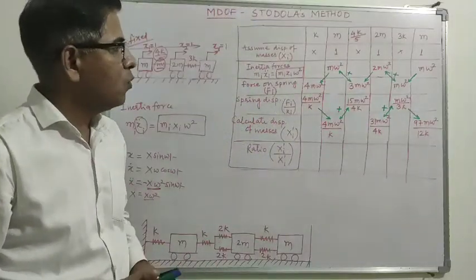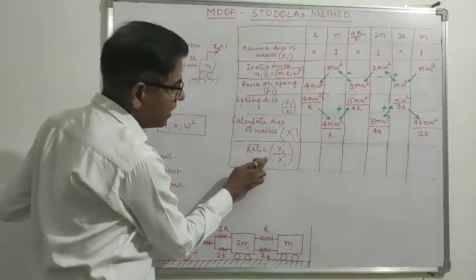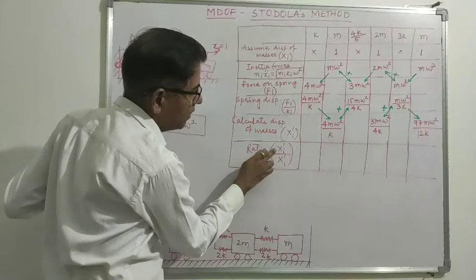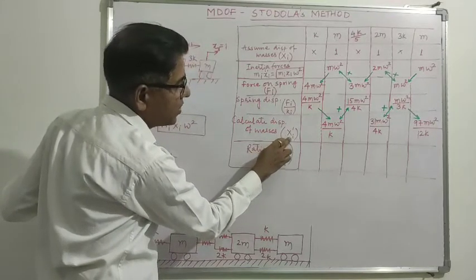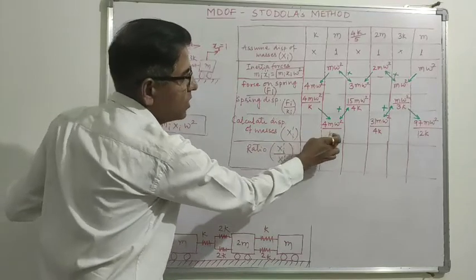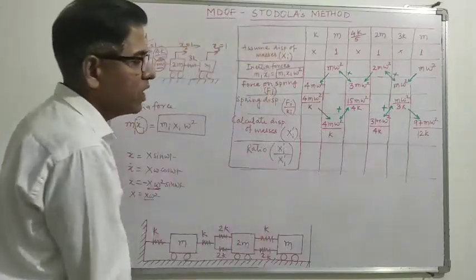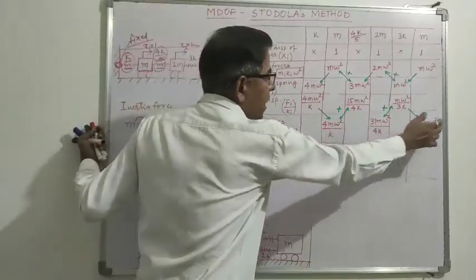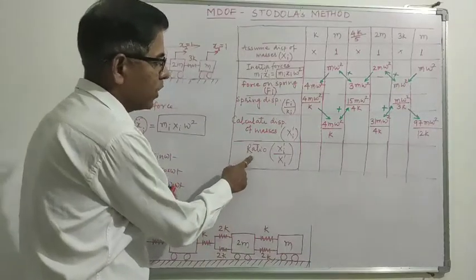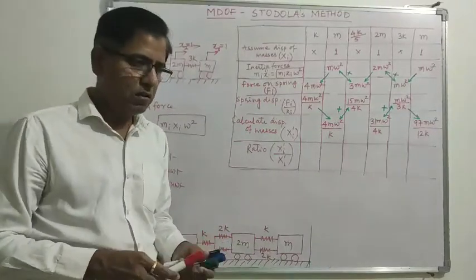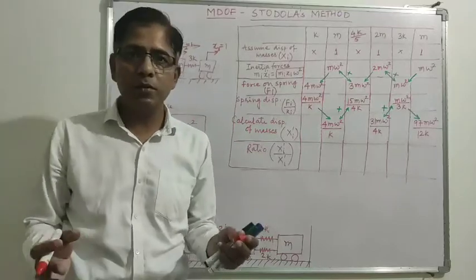Now we will find out the ratio of xi. This is x dash i. This is the new displacement value, because initially we considered the displacement as 1 and this is what we have calculated. Now we will find out the ratio. In a multi-degree of freedom system there are mode shapes.